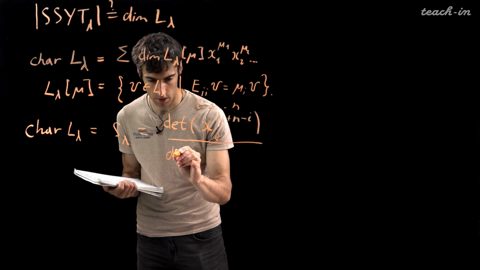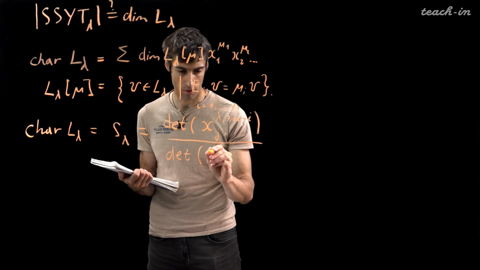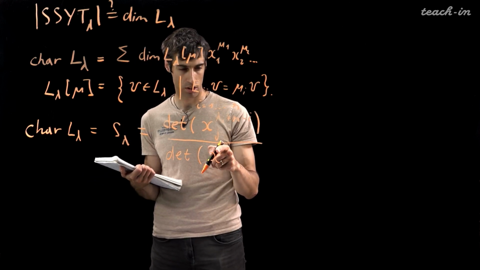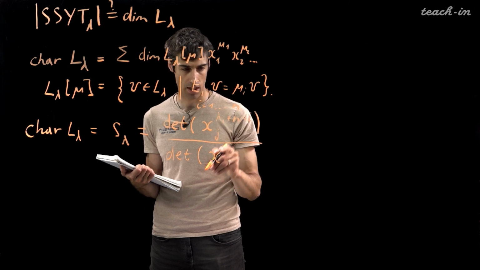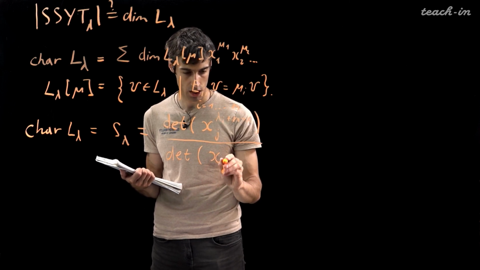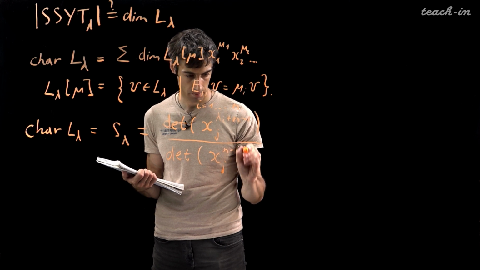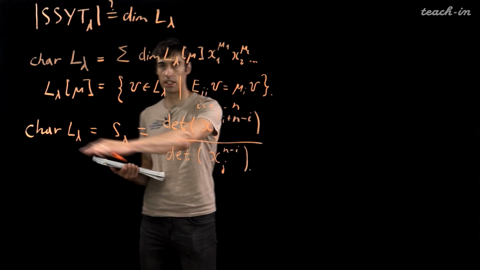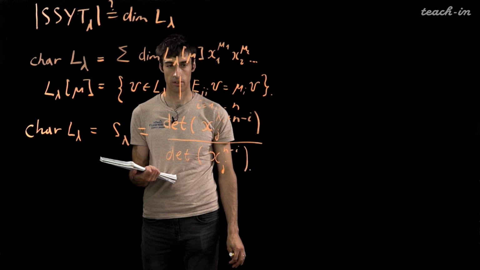Over the determinant of the same thing written on top, except lambda I here should be 0. So x j to the n minus I. So this we know from representation theory.